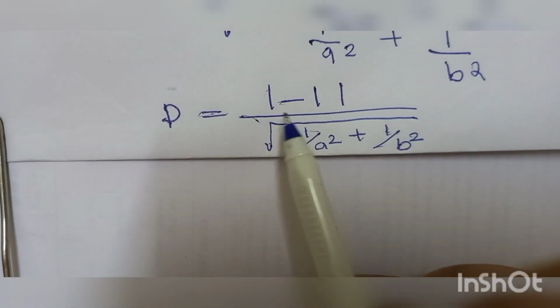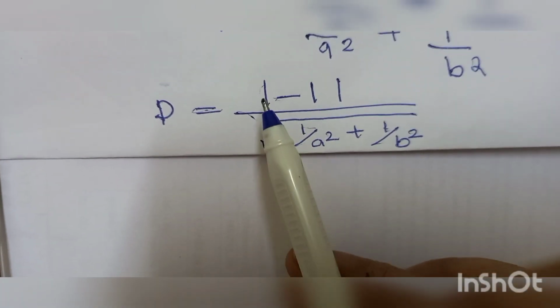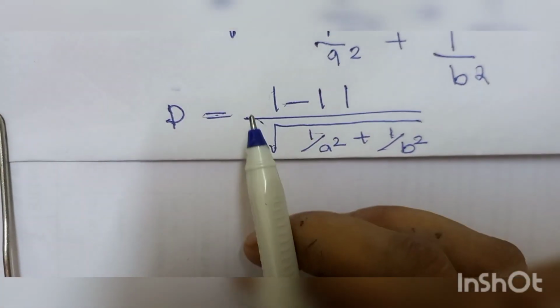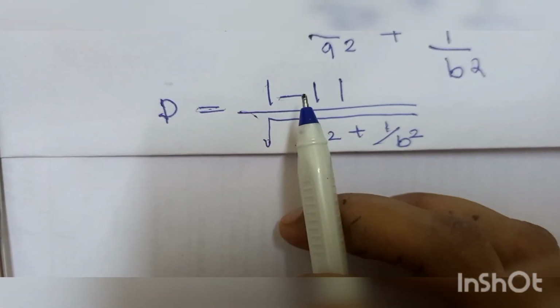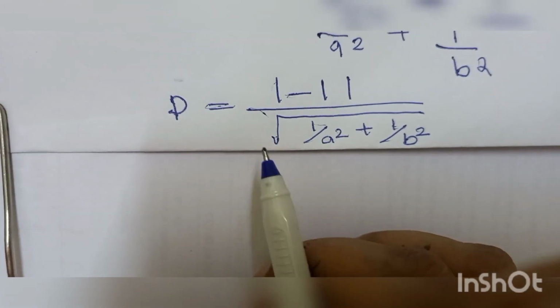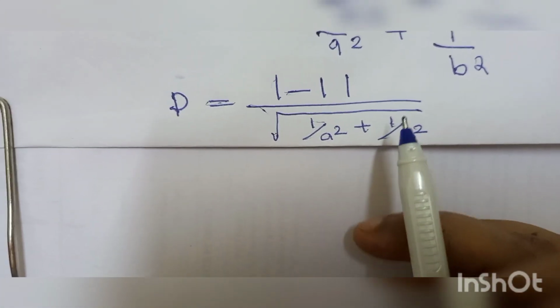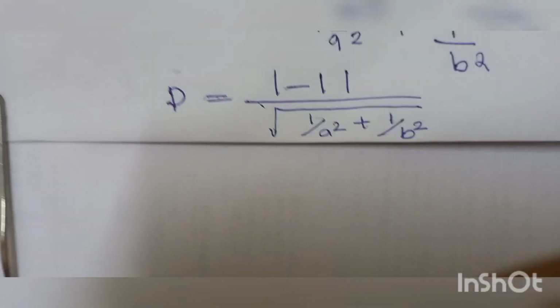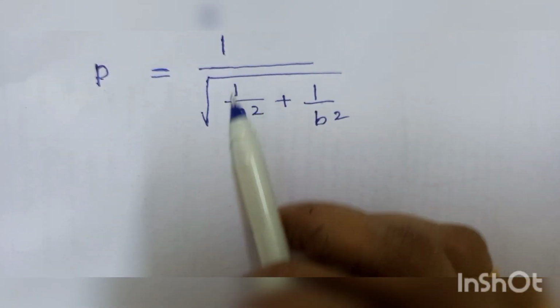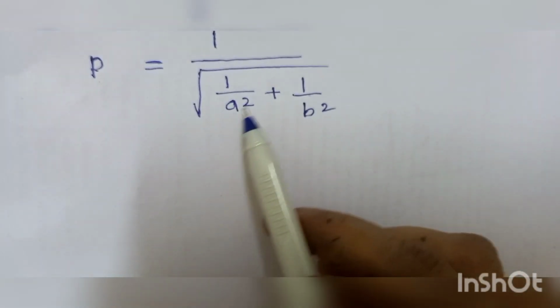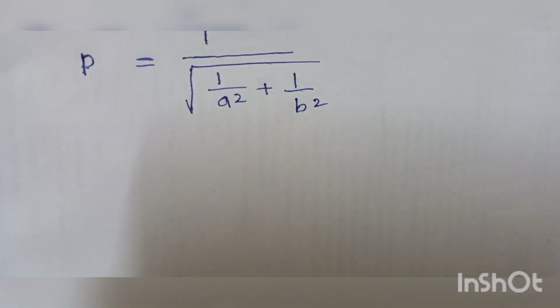After simplifying we get p is equal to modulus of minus 1 whole divided by under root of 1 by a square plus 1 by b square. So p is equal to 1 by under root of 1 by a square plus 1 by b square we get.